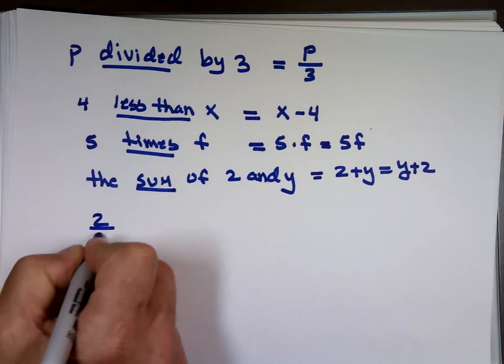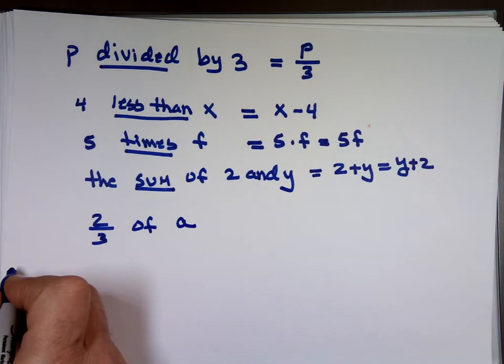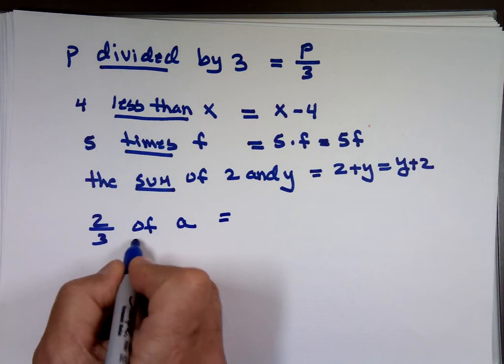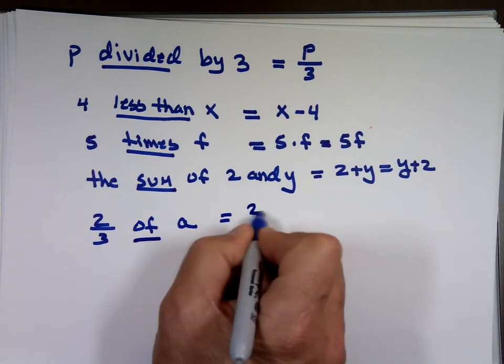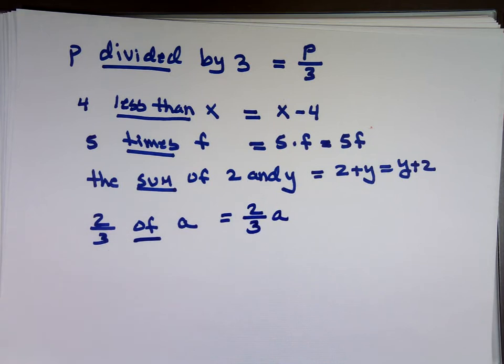2/3 of A. Of means multiply. 2/3 A. Okay.